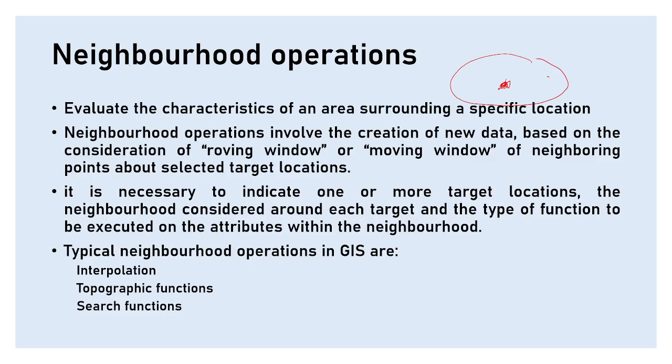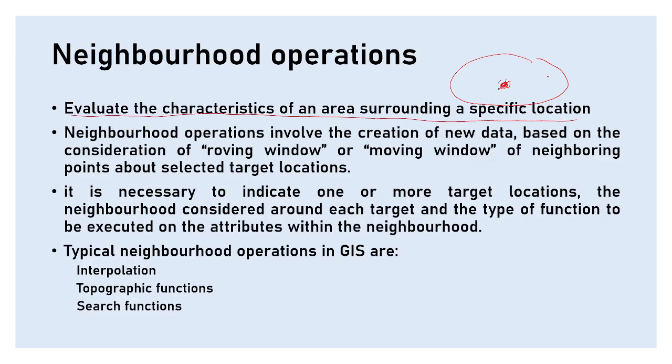That's what we do in this neighborhood operations. So neighborhood operations involve the creation of new data based on the consideration of roving window or moving window of neighboring points about selected target locations. It's not as complicated. Only this first definition is more than enough to understand.